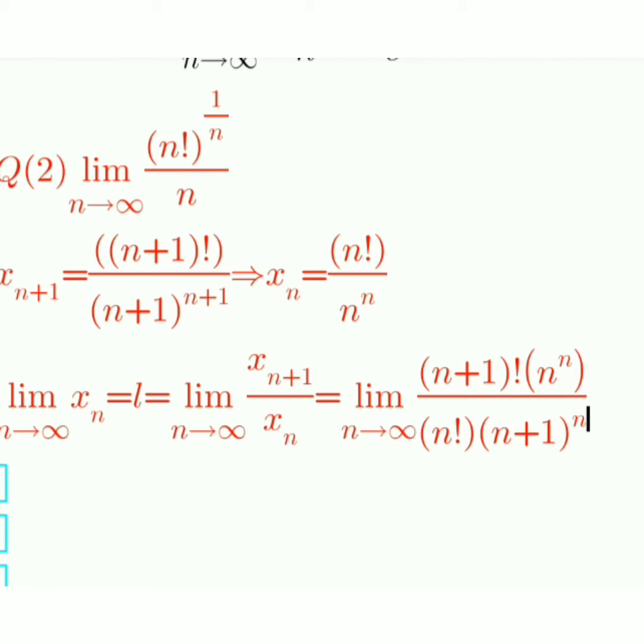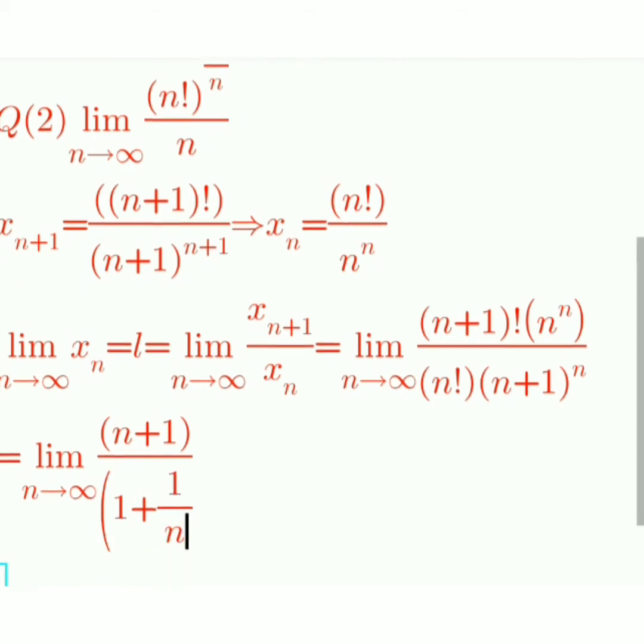This is the total formula, and after that whatever we will get, limit n tends to infinity, it should be n plus 1, and it should be (1 plus 1 by n).